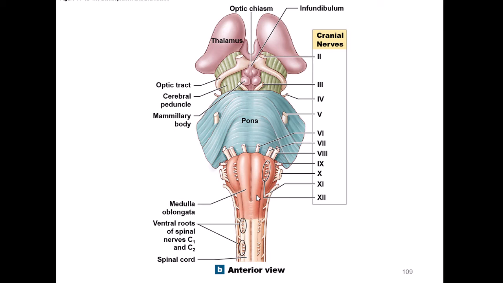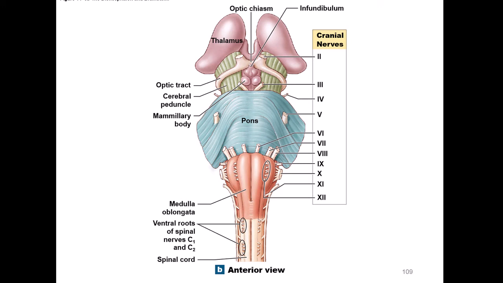But right about here, these fibers cross to the other side and then descend the spinal cord on this side. And this is one of the reasons if somebody has a stroke on the left side of their brain, the right side of their body is going to be paralyzed. And that's because these pyramids here, these tracks actually cross. It's a crossing here, and then this one would cross over this way. Okay, those are the pyramids.